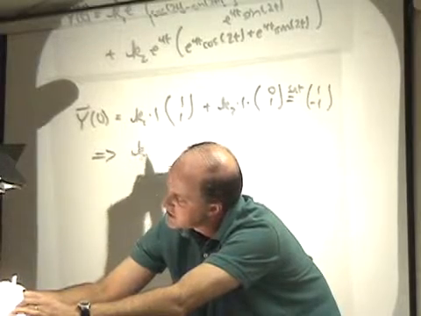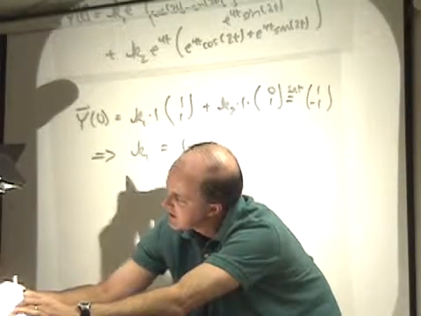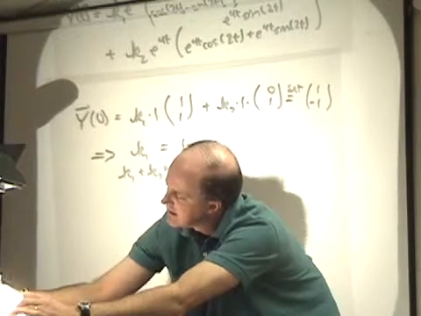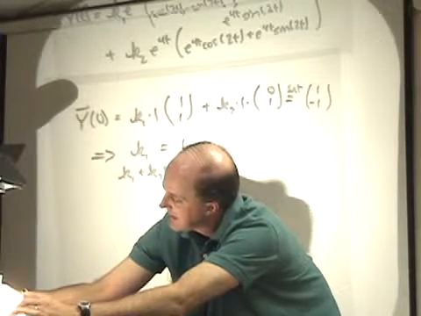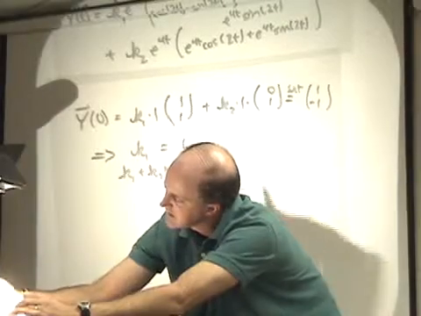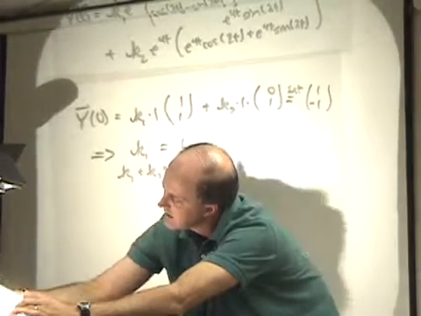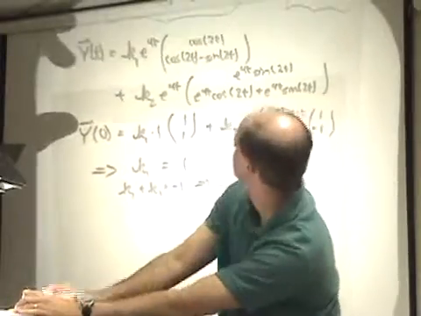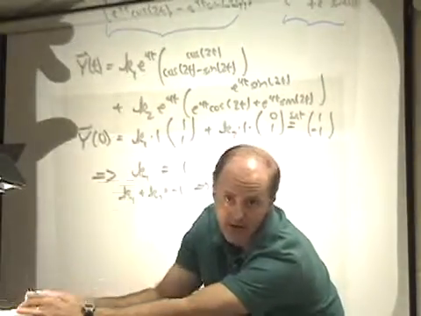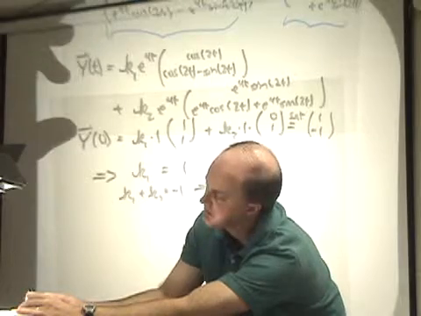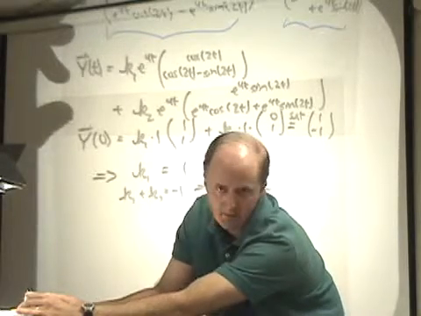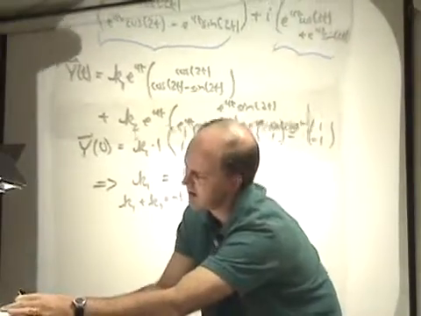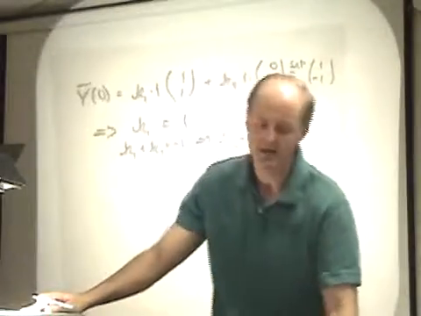The system of equations you get is pretty simple. k1 is 1, k1 plus k2 is negative 1. So k1 is 1, and k2 will be negative 2. And then just plug that back in to this equation to come up with that particular solution to the initial value problem. And you should certainly be able to look at the components, little x and little y, and draw their graphs and see what they look like.